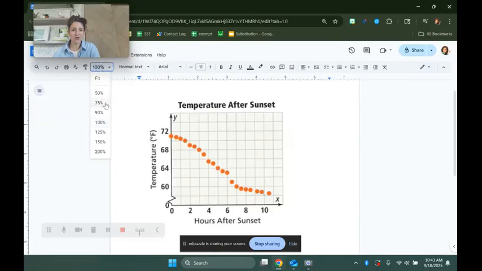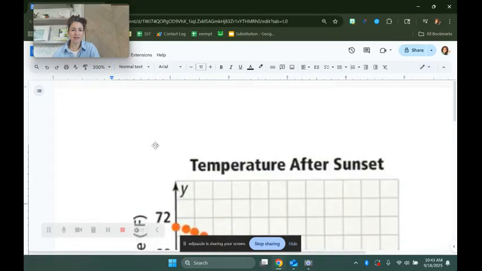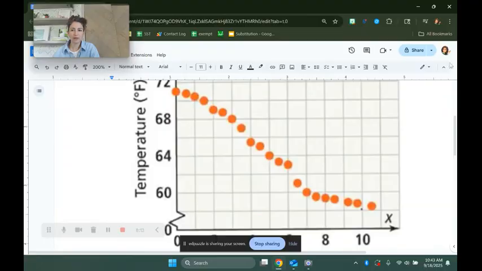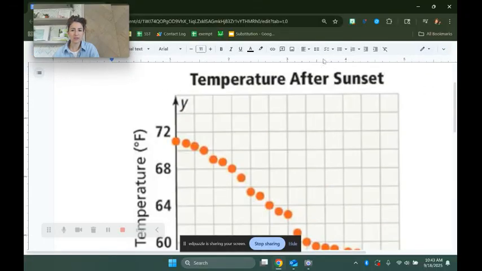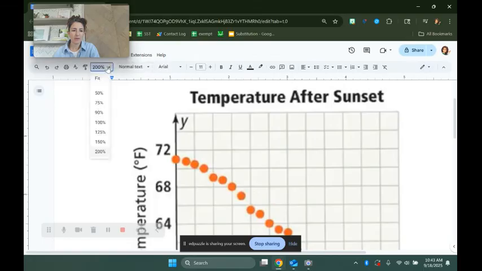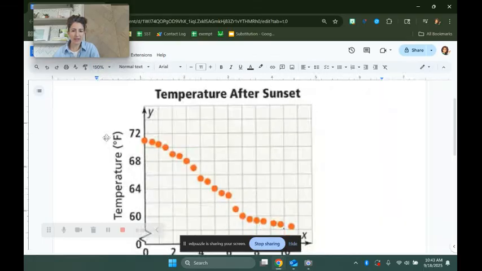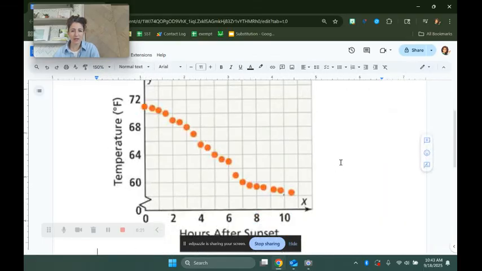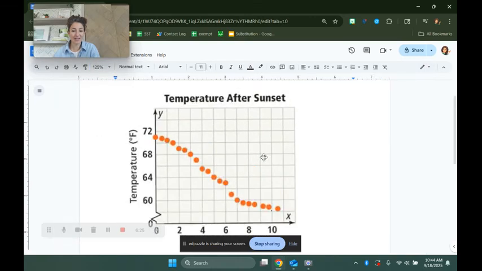Notice the scale. On the y-axis you have temperature, and on the x-axis, it's hours after sunset.